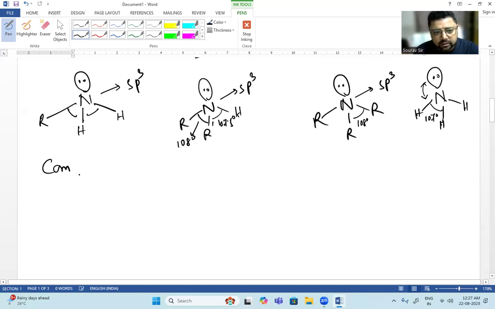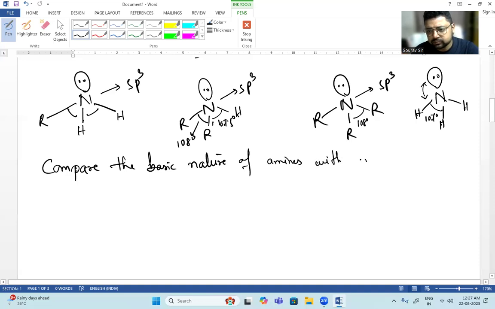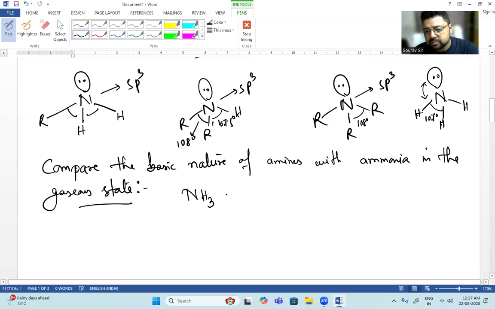When we compare the basic nature of amines with ammonia in the gaseous state, we will see that ammonia is least basic, followed by primary amine, then secondary amine, and then tertiary.